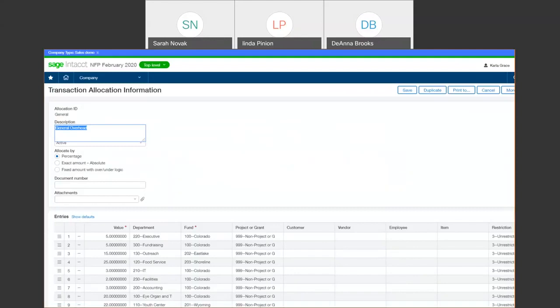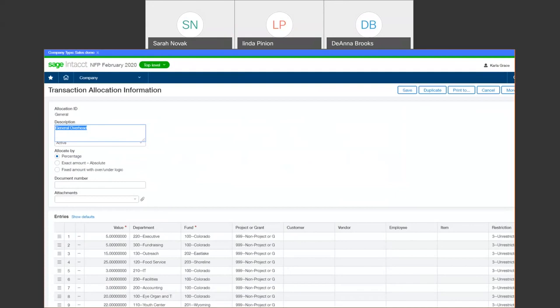So as an example, you might get a bill in from an advertising agency, and you are using this agency for all of your companies. You're a multi-entity organization. You get that one bill from the advertising company, and you want each one of your entities to pay their fair share.